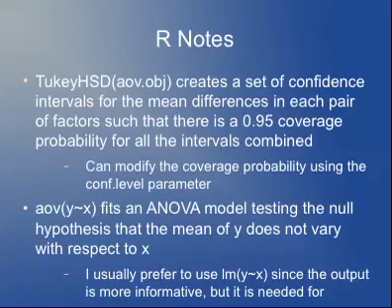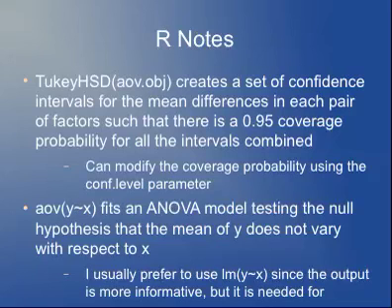If for some reason you want a different coverage probability other than 0.95, you could say TukeyHSD, conf.level equals 0.99. In practice, people almost always use 95.